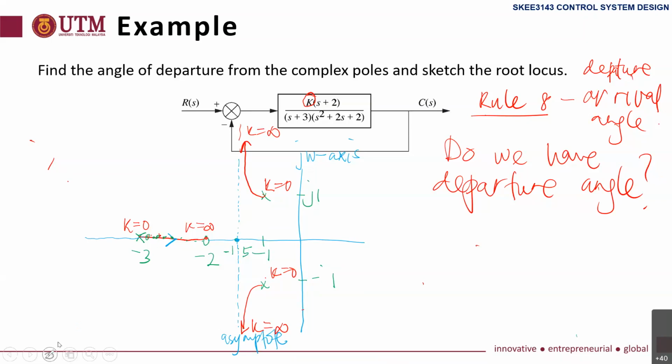You are right. In this case we have 2 complex poles. Remember, complex poles or zeros come in pairs, plus minus, so always at least 2.